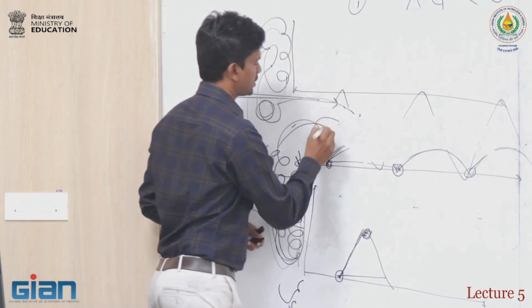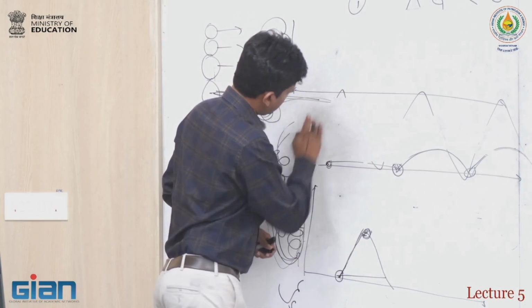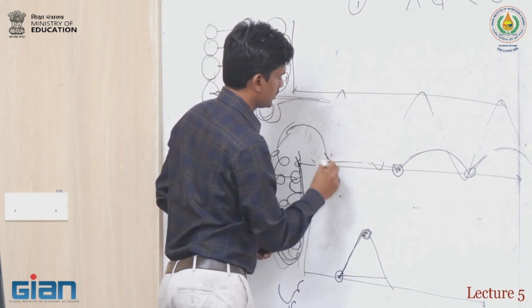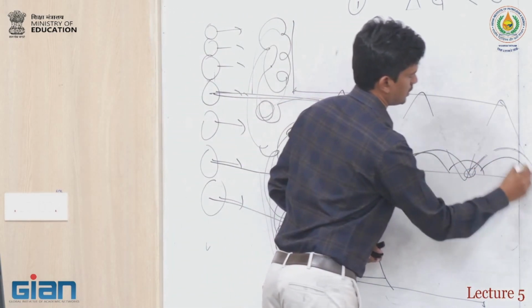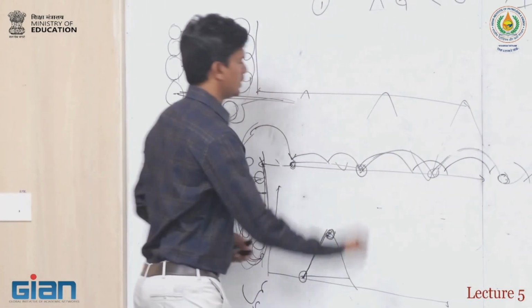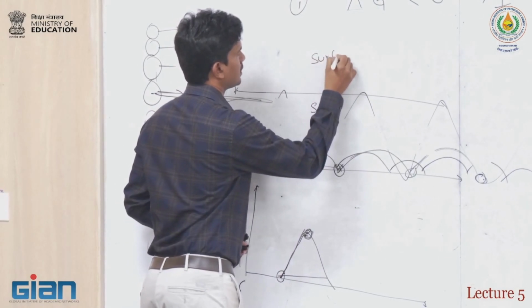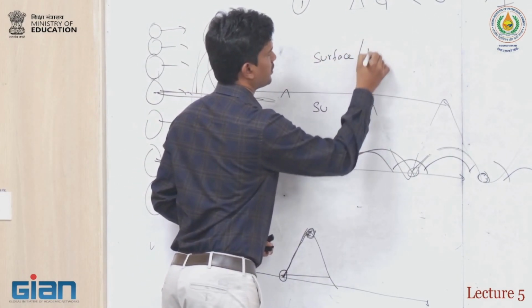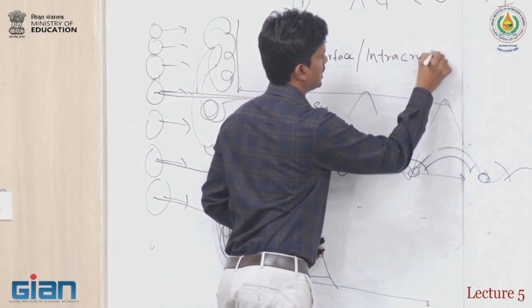Once it enters into the system, somewhere here, it has to diffuse through it from one place to another place. Depending on the kind of diffusion, we call it surface diffusion, or it's also called intracrystalline diffusion.